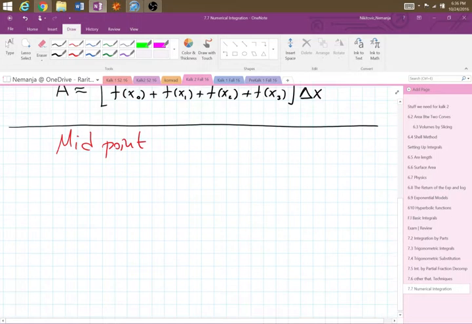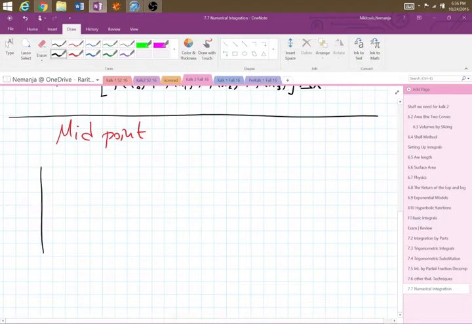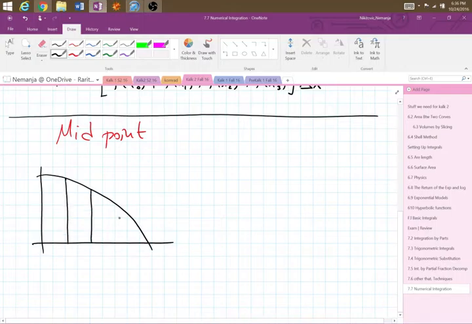I will draw exactly the same picture, and we are going to divide it into these smaller regions. There we go. And now the word mid, right?